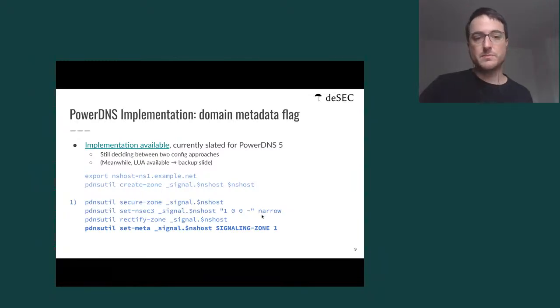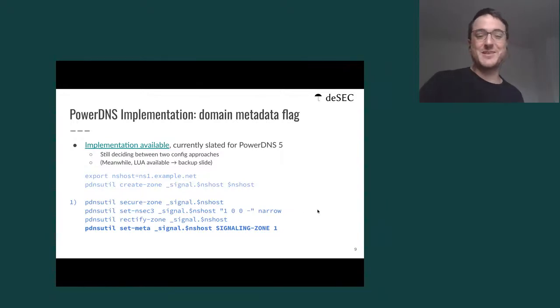That's the last word in the second command, which is essentially what PowerDNS needs for the way it works with online signing. Then you have to call rectify-zone, which is another internal thing. And then the actual new thing is set-meta signaling-zone 1. This will cause PowerDNS to synthesize these signaling records. And then you can see, of course, that those four commands go together, because the last one doesn't make sense without the first three.